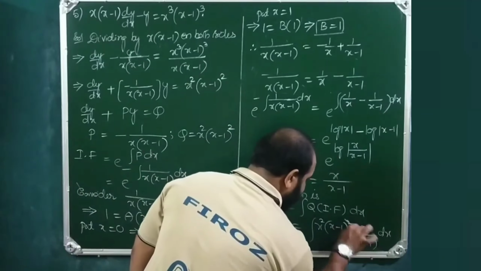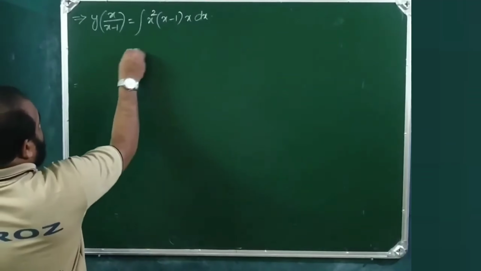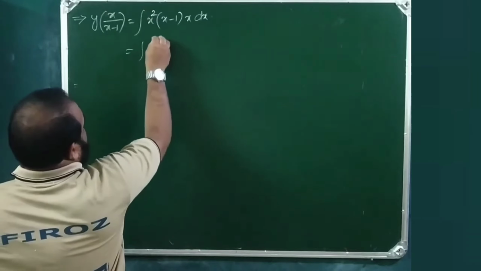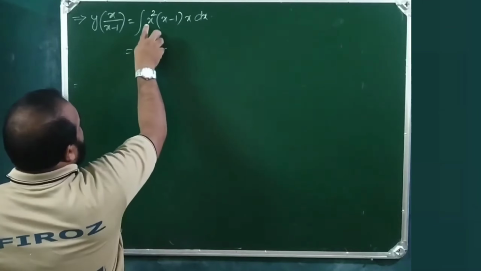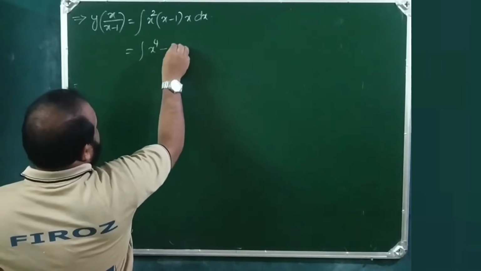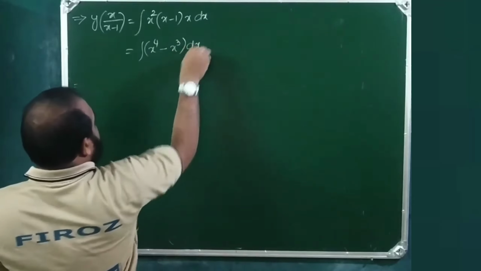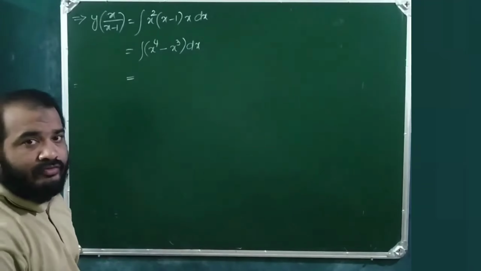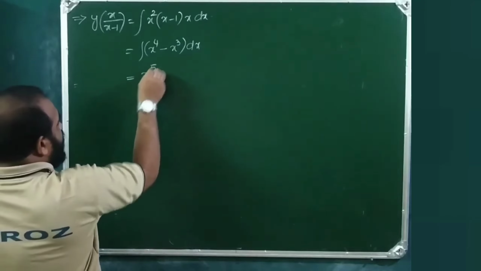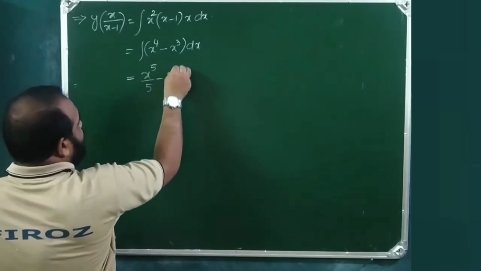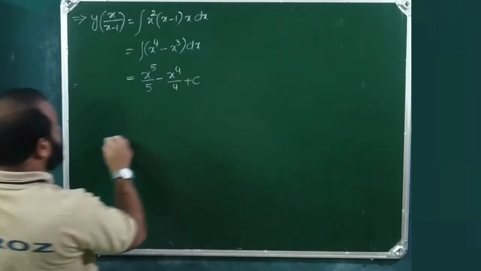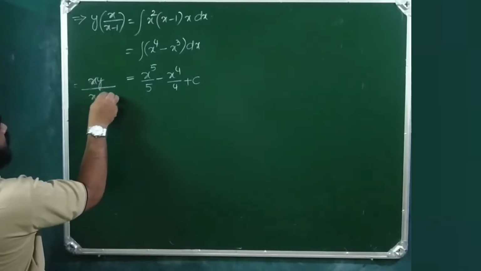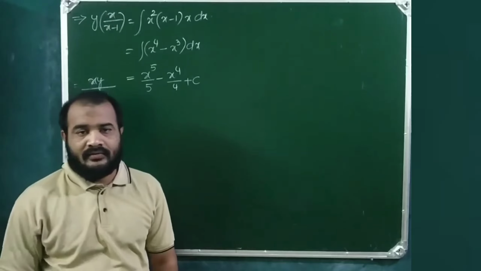So this as well as this gets cancelled. This is equal to x square into x cube into x power 4 minus x square into 1, x square into x cube dx. This is equal to integral x power 4 dx is x power 4 plus 1 by 4 plus 1, x power 5 by 5, minus this is x power 4 by 4 plus constant of integration c, equals xy by x minus 1, is the required solution.